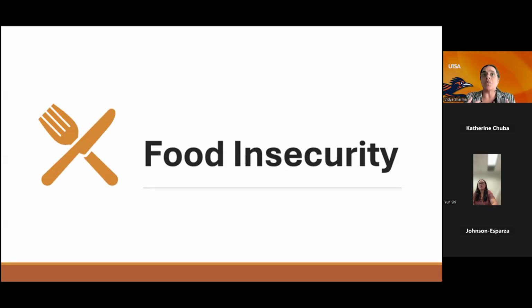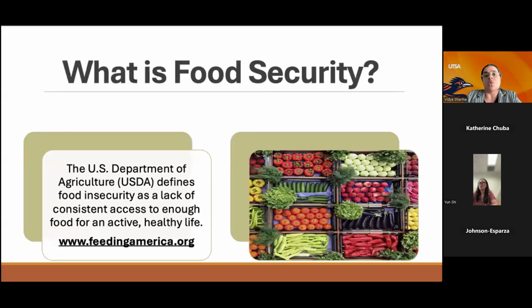So because we work with patients who may not necessarily be able to afford all the food that we want them to eat, I just wanted to talk about food insecurity a little bit. The USDA basically defines food insecurity as a lack of consistent access to enough food for an active, healthy life.